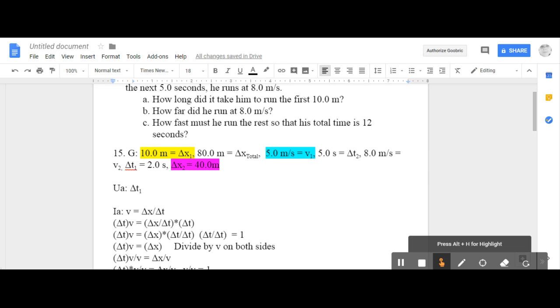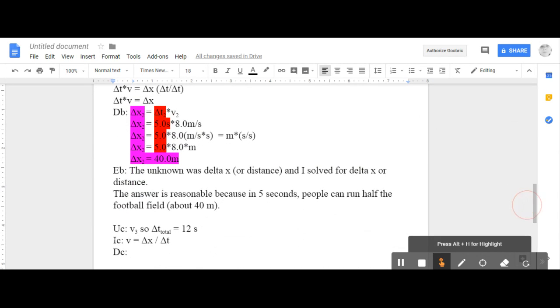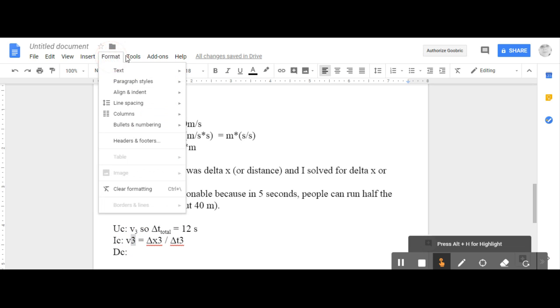So this equation, v3 equals delta x3 divided by delta t3, that's not enough of a formula for us. There's something more we need to do.